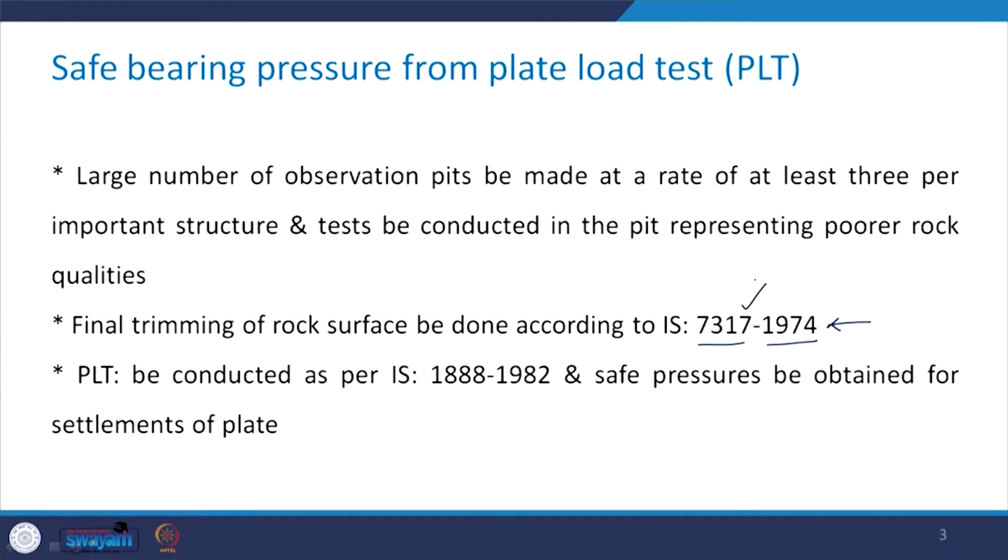The PLT should be conducted as per IS 1888. This is the same way that you carry out in case of soils, and the safe pressures can be obtained for the settlements of the plate. The procedure, the conduct of the test, the analysis, everything is the same as you have done in case of soils.